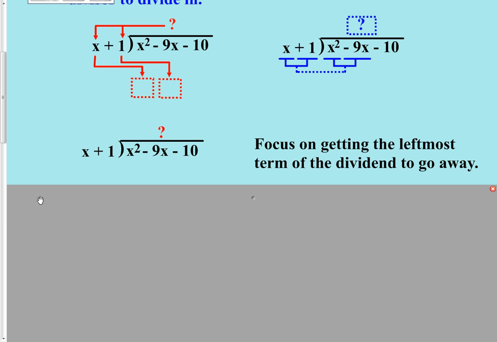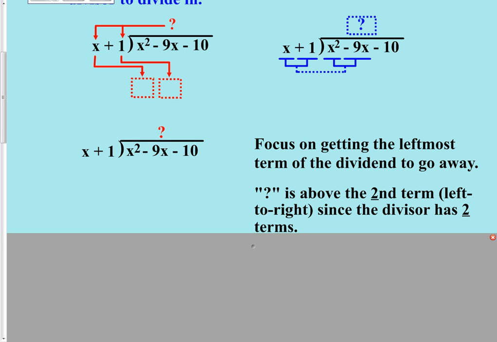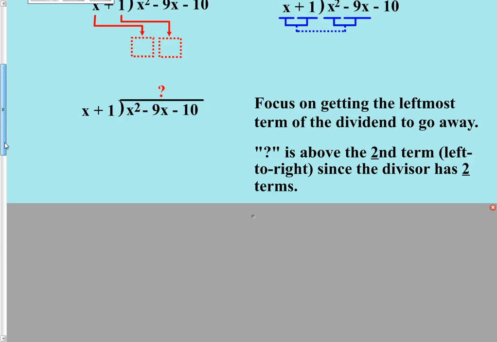So at that spot where the question mark is, the question mark is positioned where it is because it's going to take 2 terms to divide into the dividend, and it's going to take 2 terms because the divisor has 2 terms. x plus 1, that's 2 terms. So it's going to take 2 terms on the x squared minus 9x to be able to divide in.